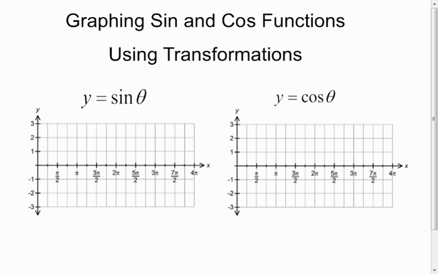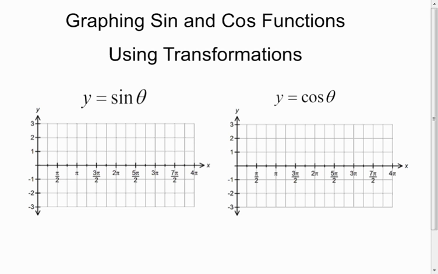Now, the one thing I'll say is that when you get into trig graphs, because of their periodic nature, how we handle horizontal compression and stretch is a little bit different. You have some options there. You can do it the way you always did in other transformations, but you could use the nature of the period and cycle length of the graph to do it a much different way.